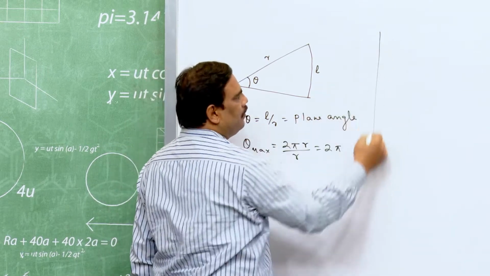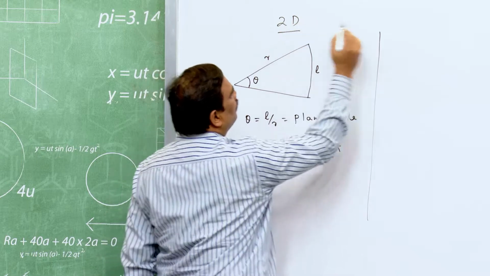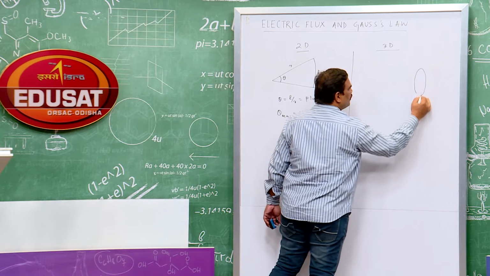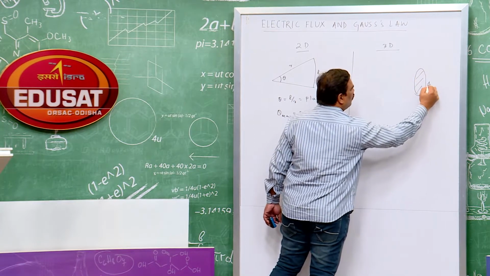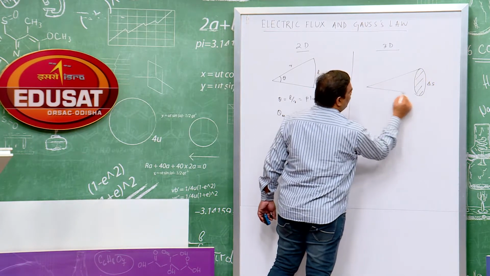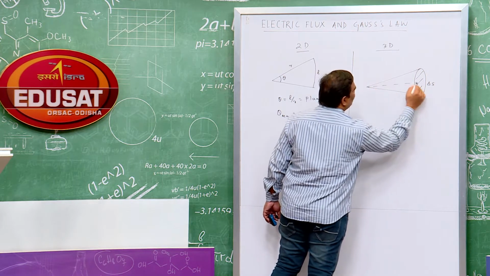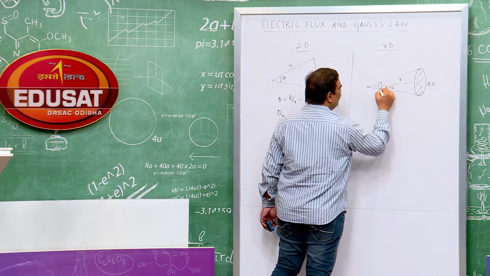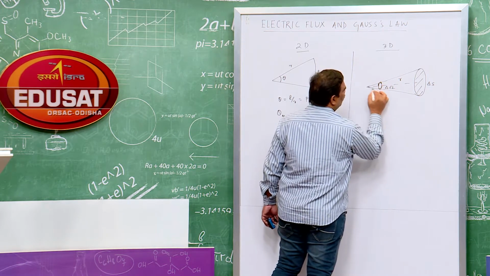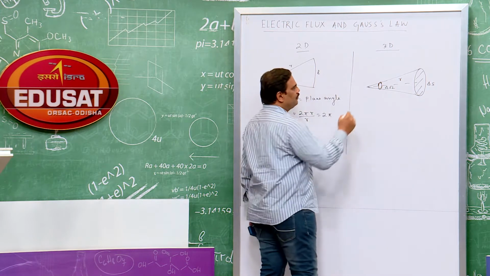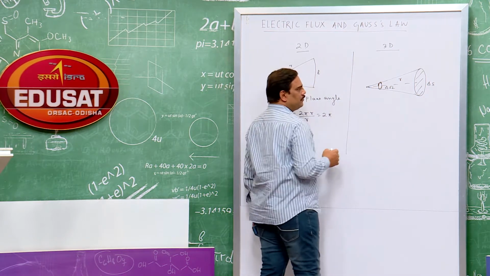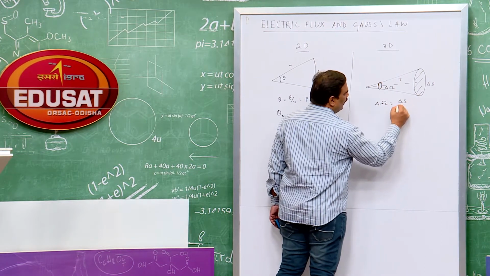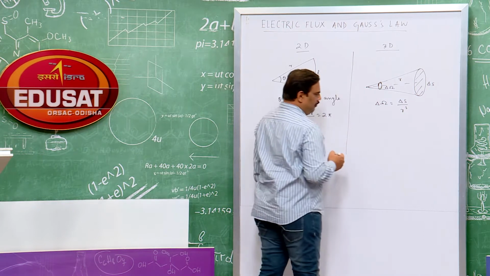Similarly, in 3 dimensions, suppose we have a surface delta S. Now, this delta S is making a 3-dimensional angle delta omega at its center, where delta omega is given by delta S divided by r square.